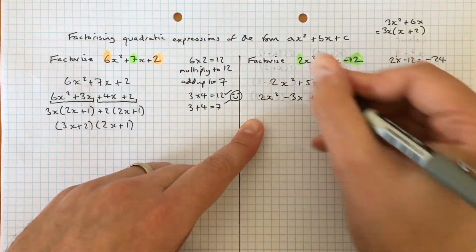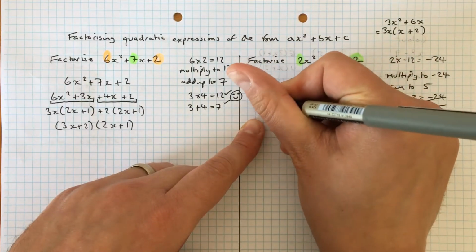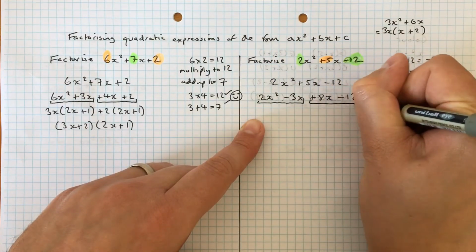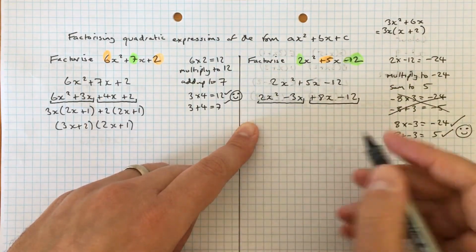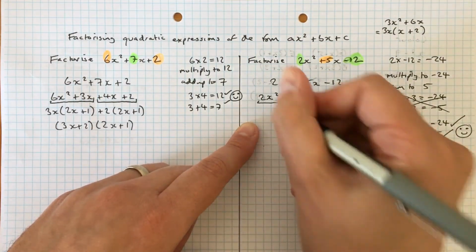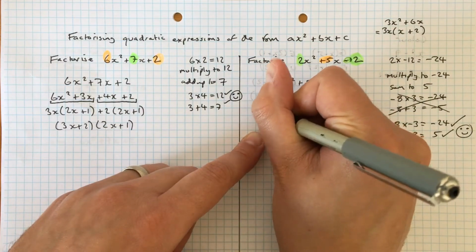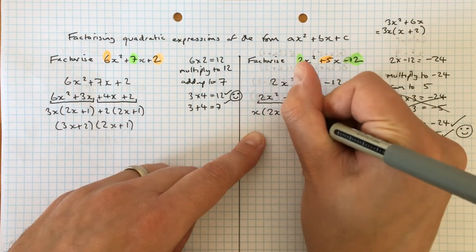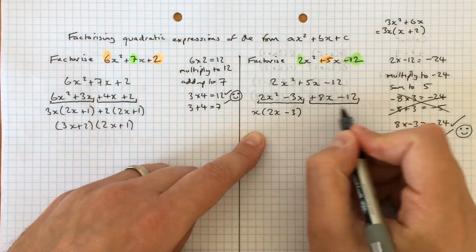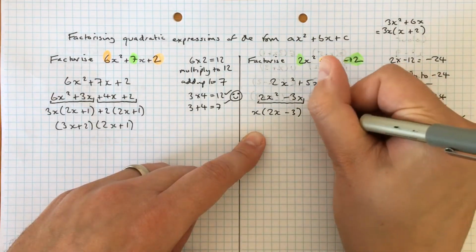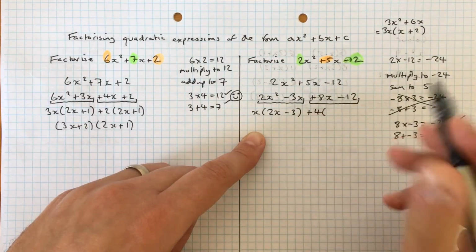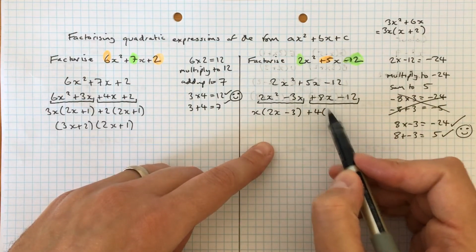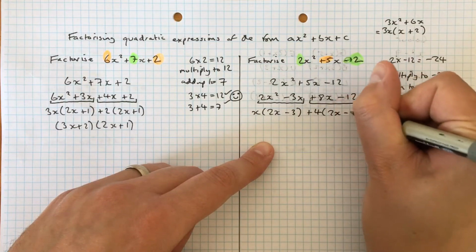So now, same as last time, I'm going to look at the first two terms and the final two terms separately and factorise them. Factorising this, the only common factor I've got here is x. And then we'll have 2x minus 3 inside our single bracket. And then here, our common factor is a positive 4, and within my bracket, I'm going to have 2x minus 3.